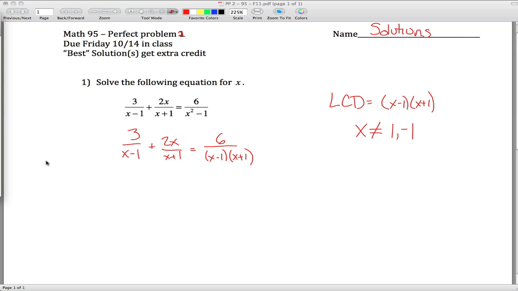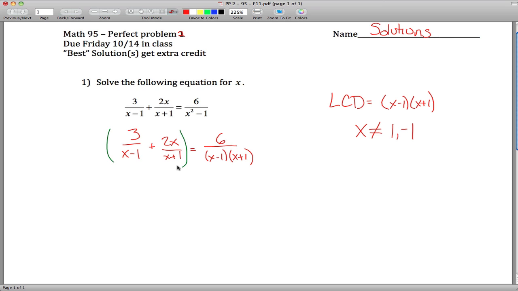So what are we doing here? Let's multiply both sides of the equation. I'm going to multiply all this stuff by our LCD.